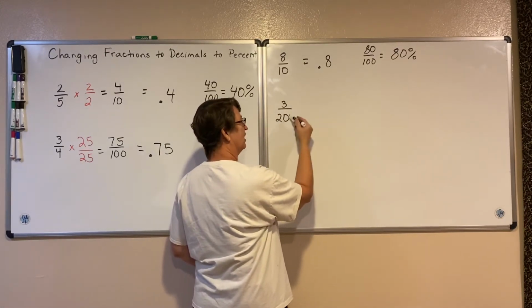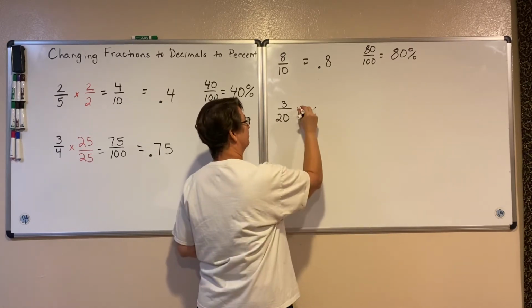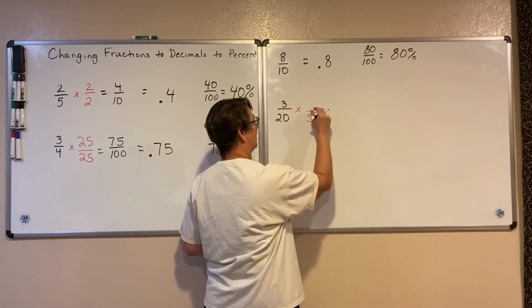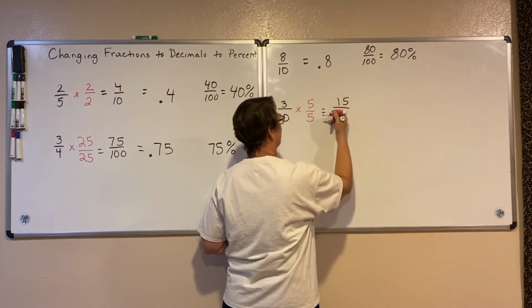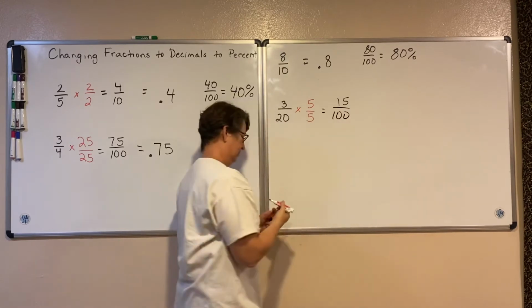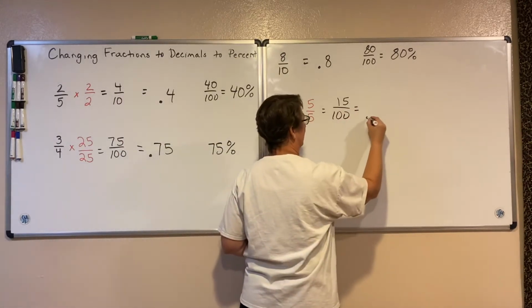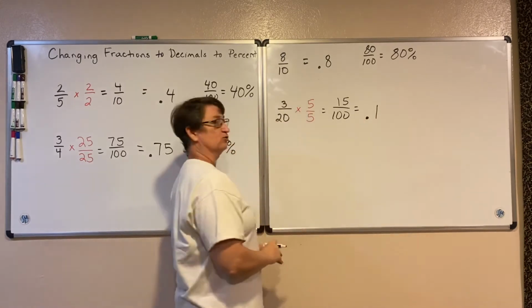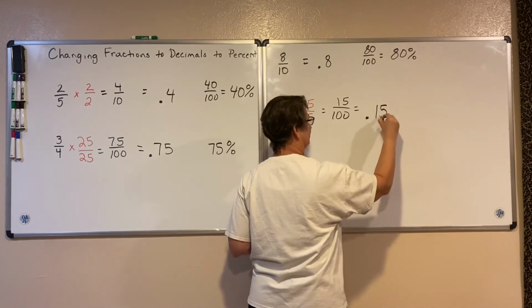Maybe instead of going down to 10, let's go up to 100. And again, to get to 100, I'm going to multiply by 5 so that I end up with 15 over 100. So in my tenths place is that 1, because 2 goes in there 1.5 times. Well, then the hundredths place then is 15.